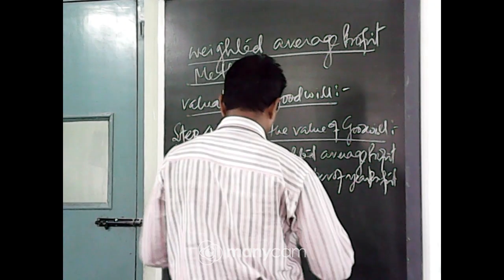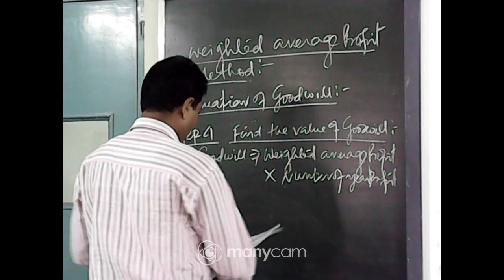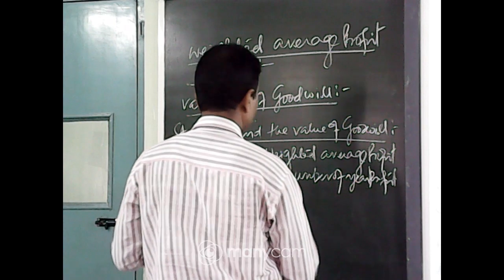Now this completes the method of goodwill: how to calculate weighted average profit. Okay.